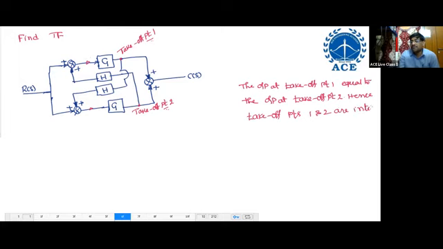As the outputs are the same, we can interchange them. If in case G1, H1, H2, G2 were there, we cannot interchange. Then you have to go for shifting the summing and take off points, which will become more difficult. Instead of that, you can go by signal flow graph analysis.